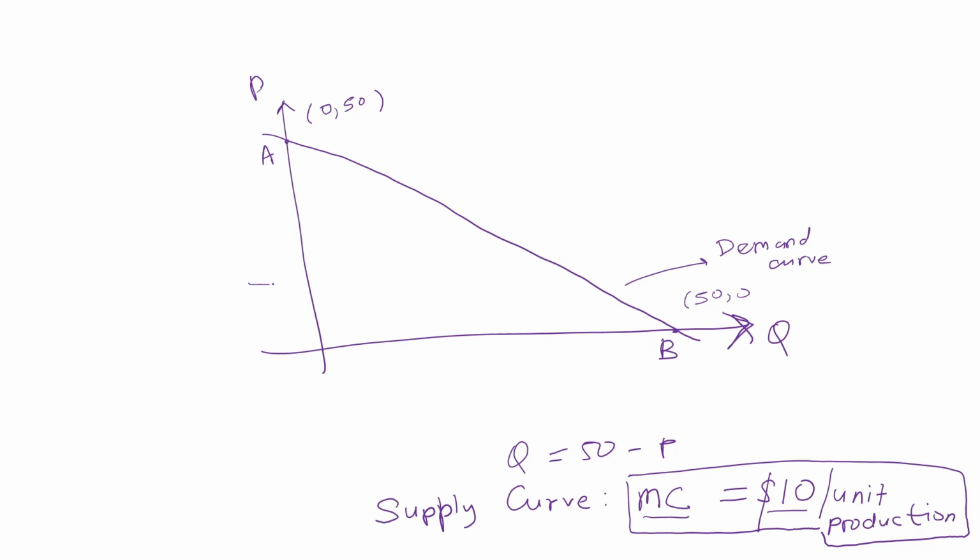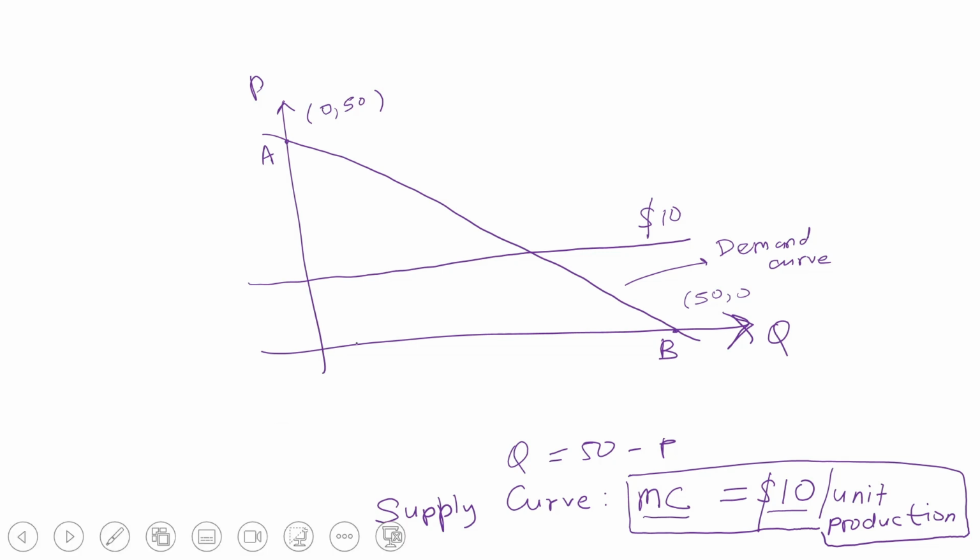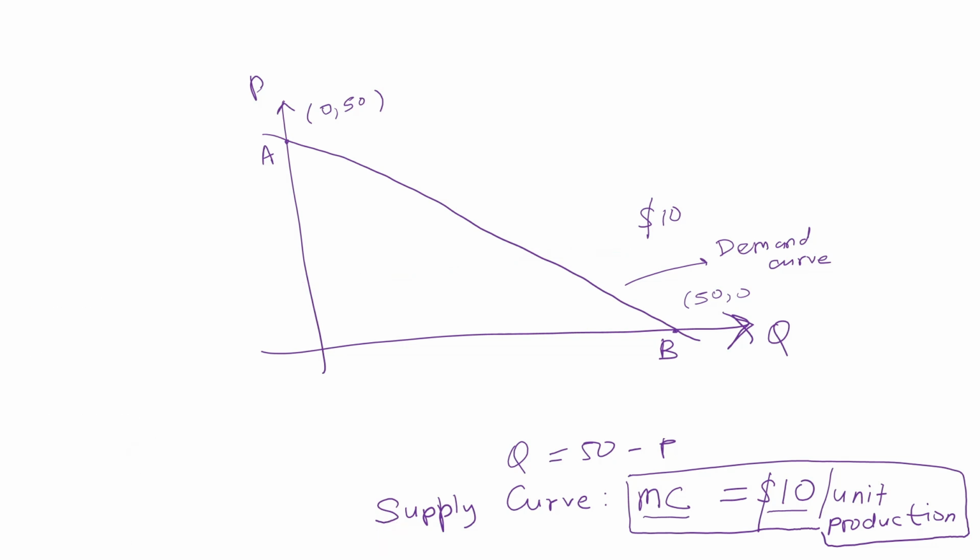You're correct. We are saying that for each additional unit, you only have to pay $10 per unit of production. I will change the color. This is my marginal cost curve.